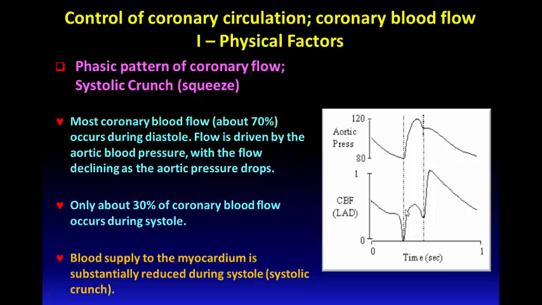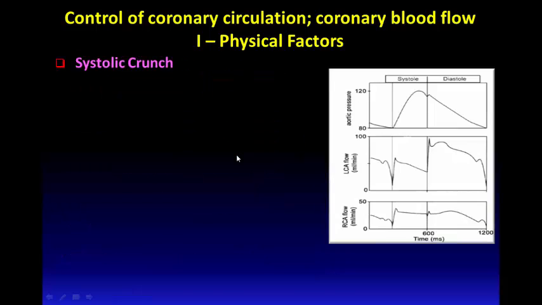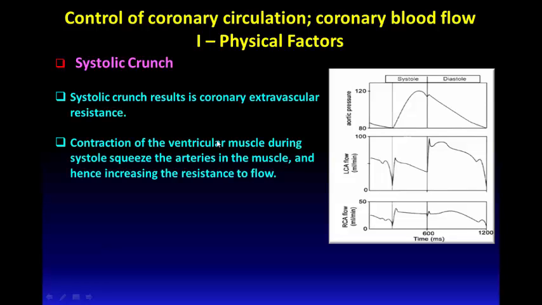Blood supply to the myocardium is thus substantially reduced during systole as a result of squeezing of the intramyocardial coronary arteries during systole, and this phenomenon is physiologically known as the systolic crunch. The systolic crunch results in coronary extravascular resistance.